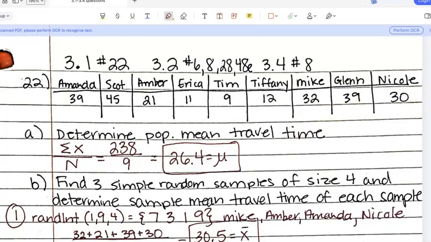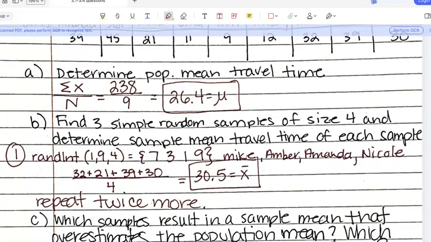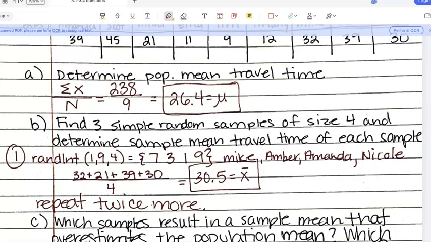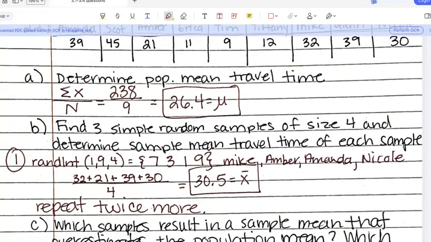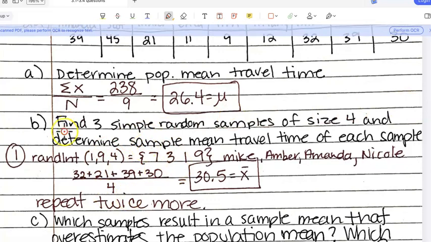Part B asks you to find 3 simple random samples of size 4 and determine the sample mean travel time of each of those samples. So I only showed this once because you should be able to do it the other times, and then base your answers to part C on your part B. So I don't care how you find your simple random samples.